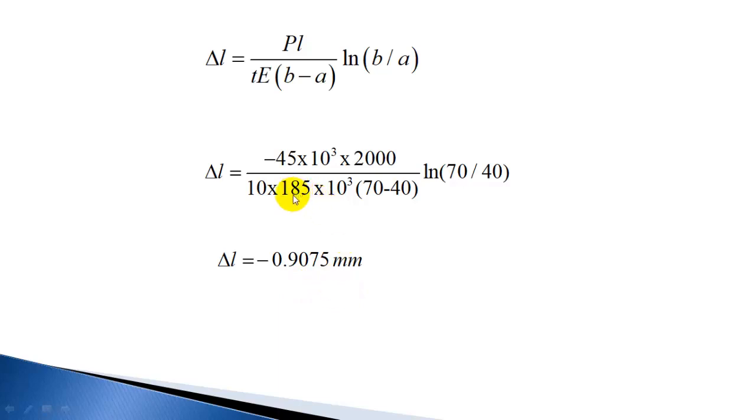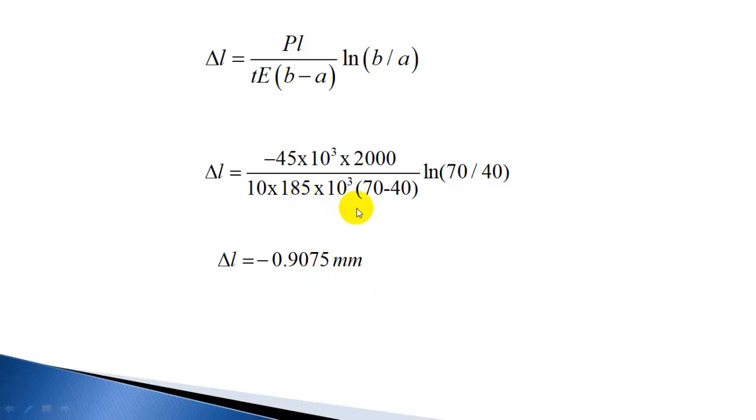Since it is only one section, for the load you can just substitute the numerical value. It is not compulsory that you put the negative sign. Since the load is compressive, you know that whatever change in length you get is a reduction in length.